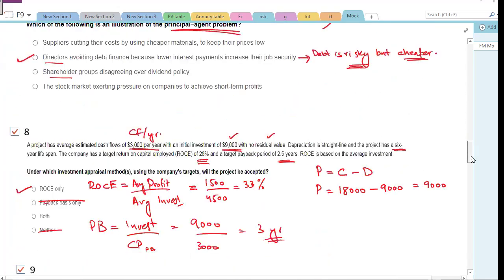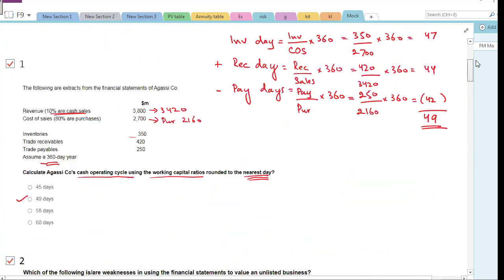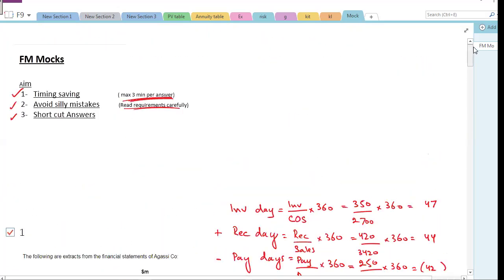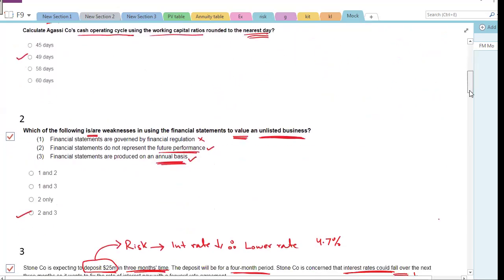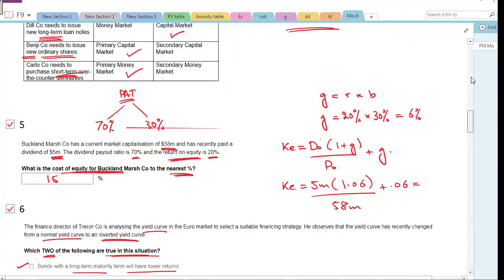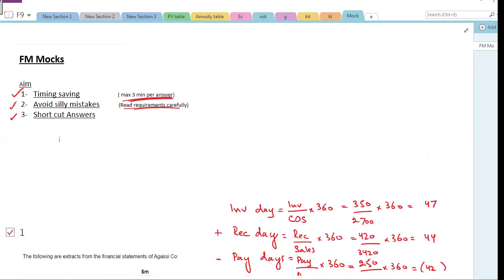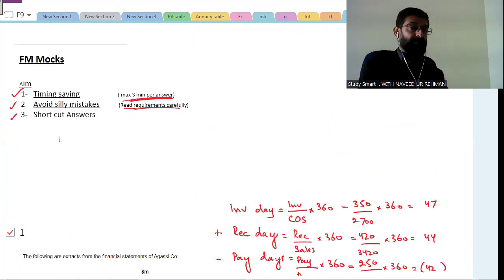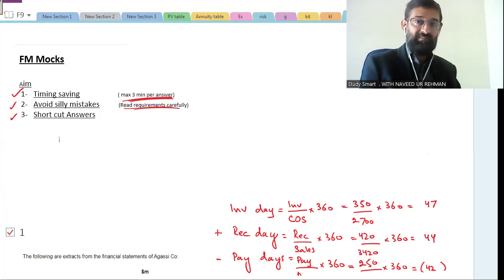So these kinds of things should not be ignored, right? And then we have some shortcut answers for some of the questions. You might have noticed that two or three questions had comparatively shortcut answers available, right? Like you could have done it easily by giving it less time. Okay.